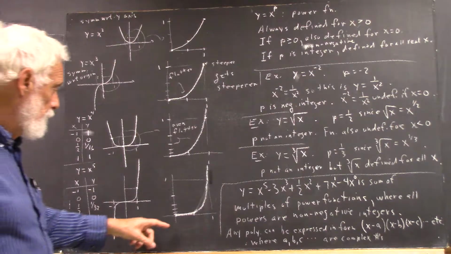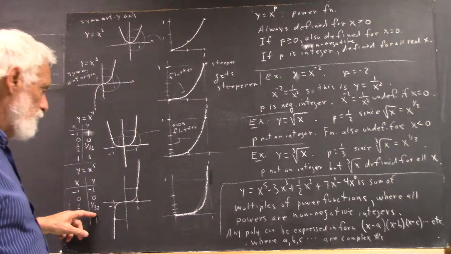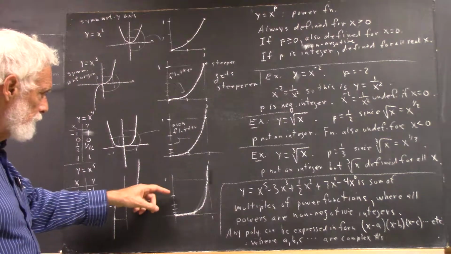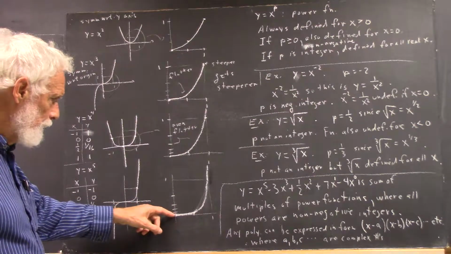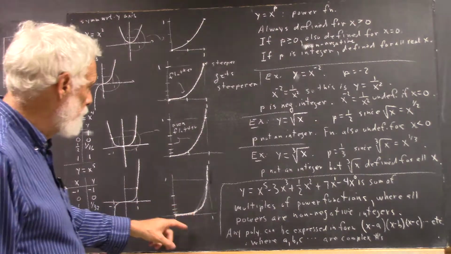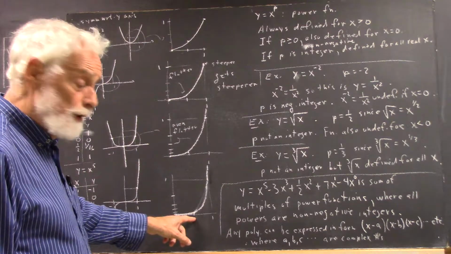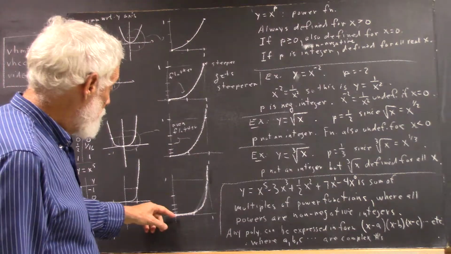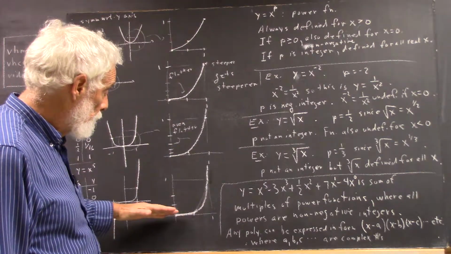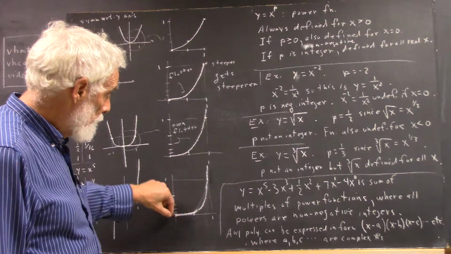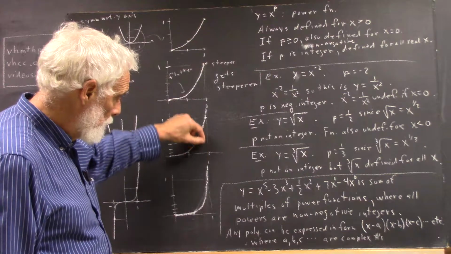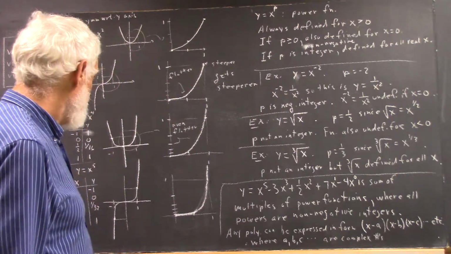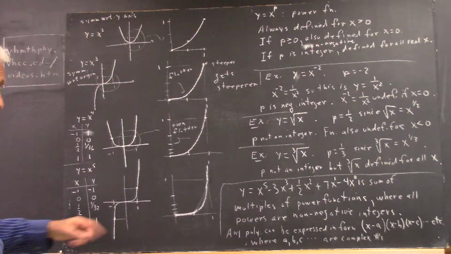So we have to cut this into half, then a fourth, an eighth, a 16th, and cut that in half to a 32nd. We're going to be down here very close to the x-axis, and we go from the origin over to this point. The graph is almost flat, and it continues being fairly flat, and then it turns very abruptly and goes up. So that we get a graph that looks like this.